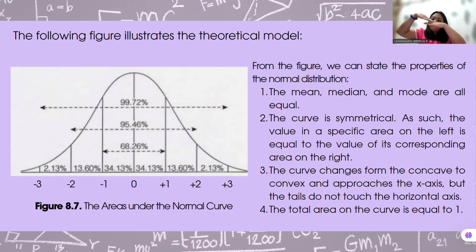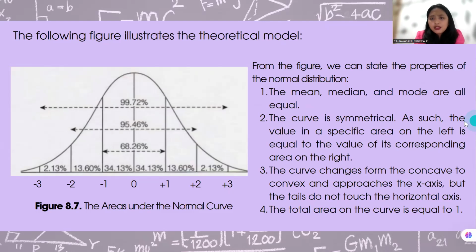It gets closer and closer, but it never touches, no? It stretches on both sides. And the fourth one is that the total area of the curve is equal to 1. Why 1? Because it represents 100% of the data.